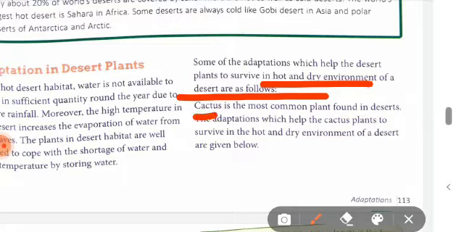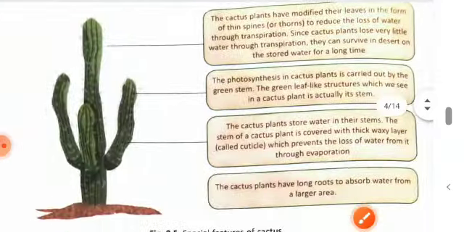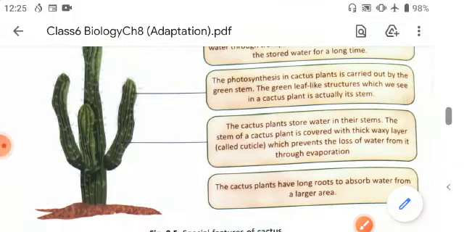A cactus is the most common plant found in the desert, and the adaptations which help the cactus plant to survive in the hot and dry environment of the desert are given below. See here, this one is a cactus plant.